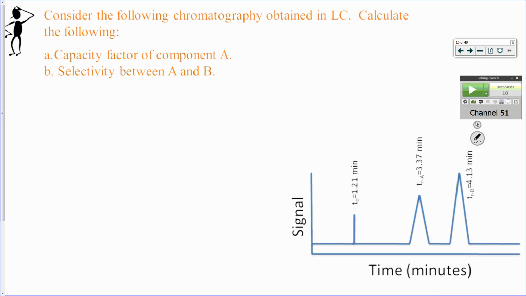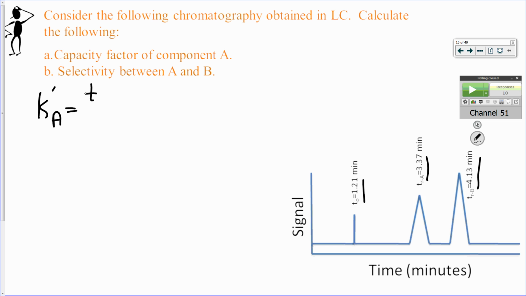Here's a type of problem I might expect you to do in the book, or on the exam, as well as the final exam. You get this separation. Here's the void time, and here are a couple of different components that elute off the column. On this plot of chromatogram signal, that is the void time, and I want to know the capacity factor of compound A. What is the K prime for compound A?